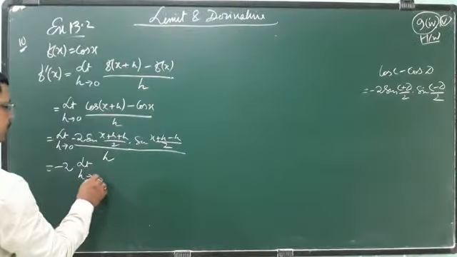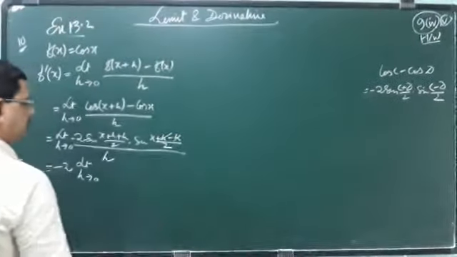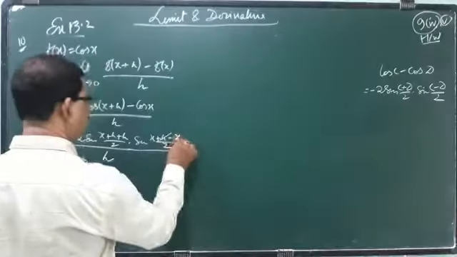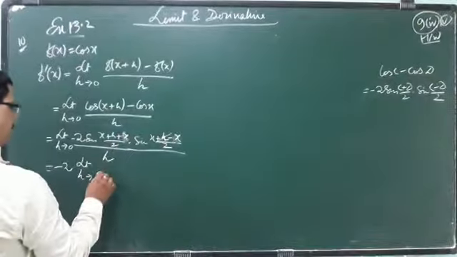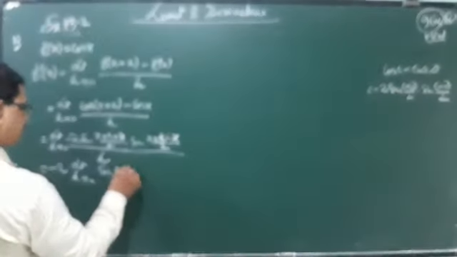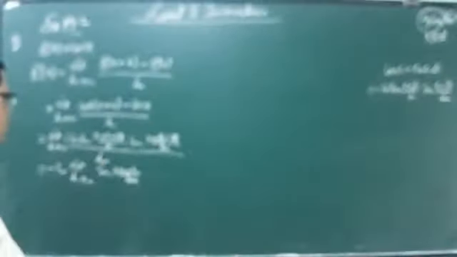Now limit, minus 2 we take out, limit h tends to 0. So here it is x only, here also it is x. So here it will be sin of (2x plus h) by 2, one value.